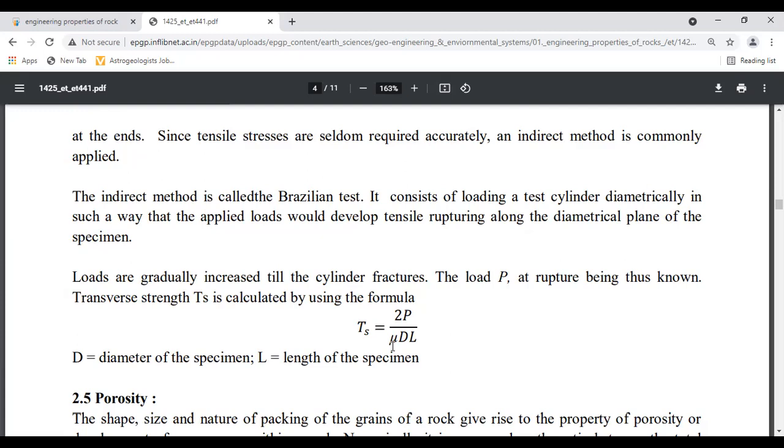It consists of loading a test cylinder diametrically in such a way that the applied loads would develop tensile rupturing along the diametrical plane of the specimen. Loads are gradually increased till the cylinder fractures. The load P at rupture being thus known, tensile strength Ts is calculated by using the formula Ts is equal to 2P by pi DL, where D is the diameter of the specimen and L is the length of the specimen.